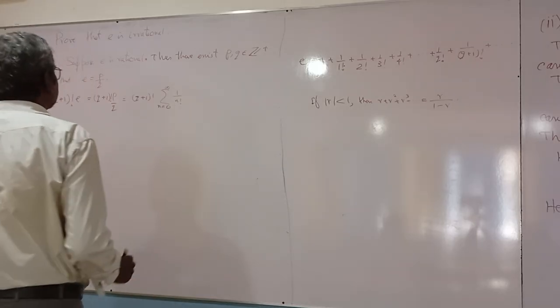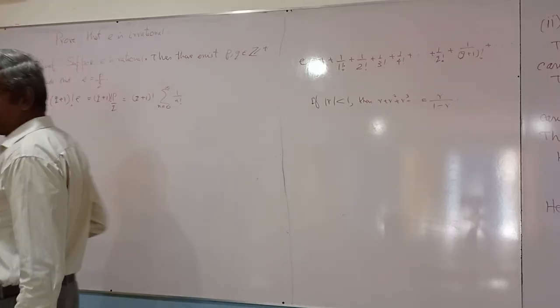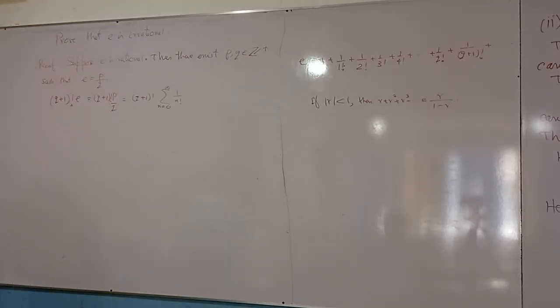Okay, so we can simplify this thing from where to where. You go up to Q plus 1.